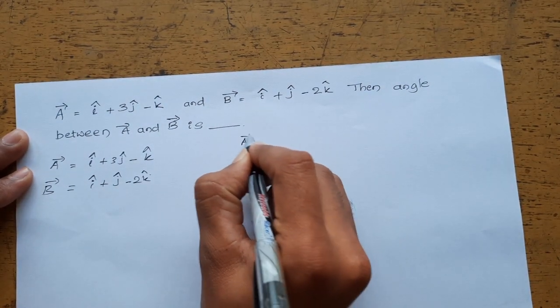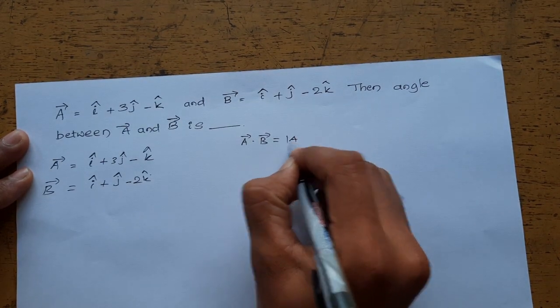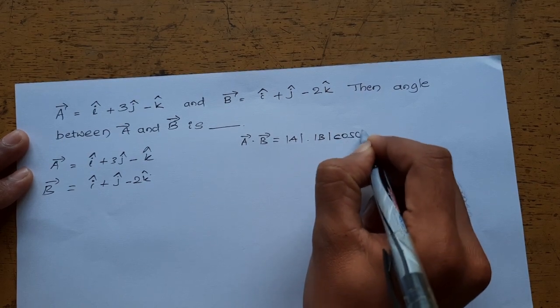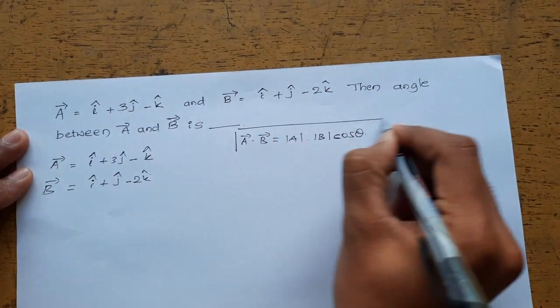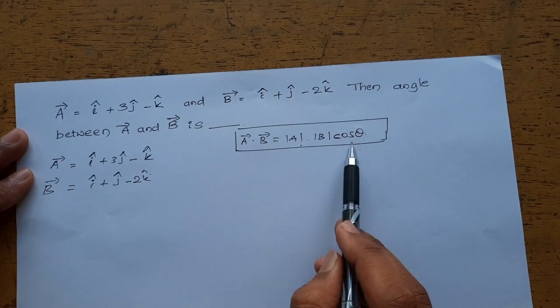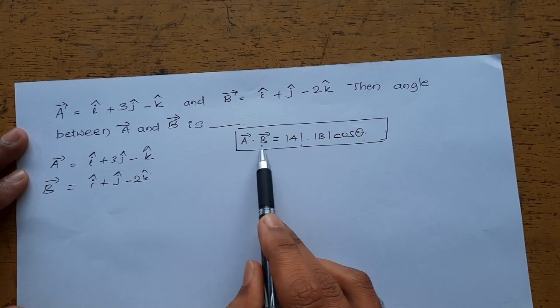That is A dot B is equal to magnitude of A magnitude of B into cos theta. This is the formula. Now, we have to use this formula and find this cos theta value. We know how to find this A dot B.